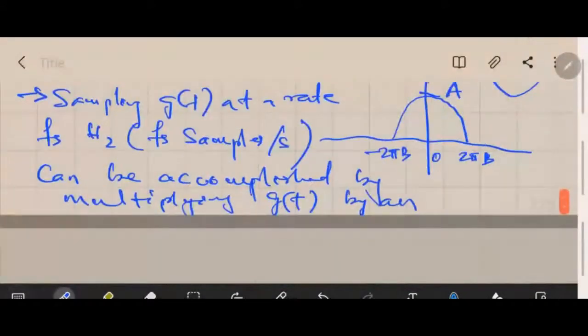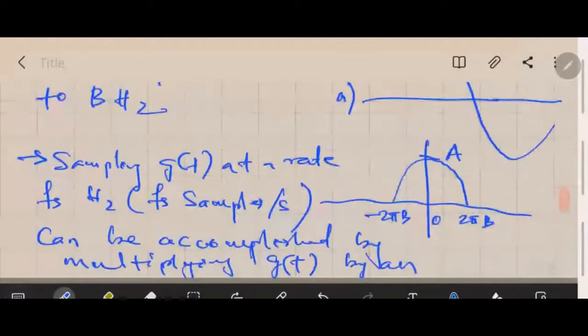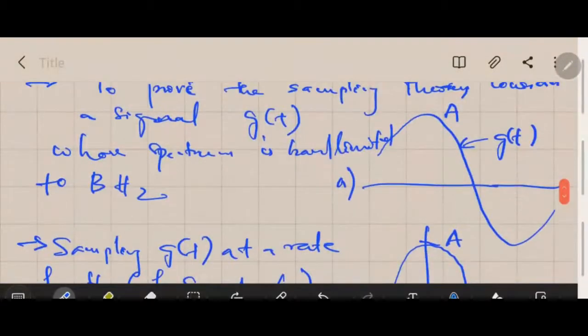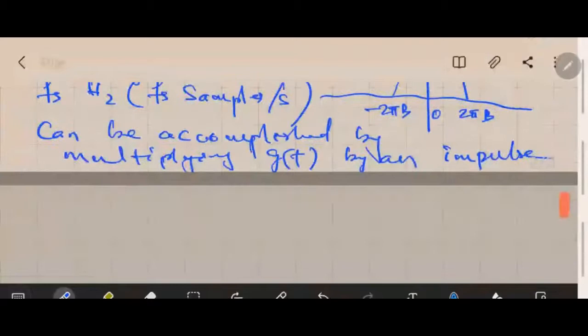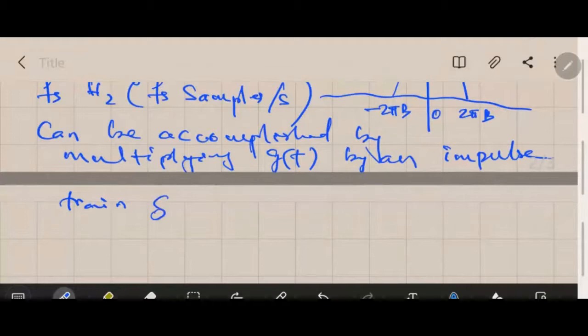So what we could do is that if we multiply this signal by an impulse train, we can sample it. A train of unit impulses, and we will denote that train as delta ts of t.